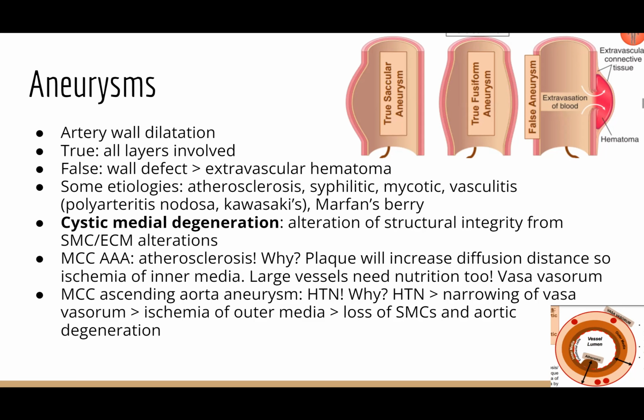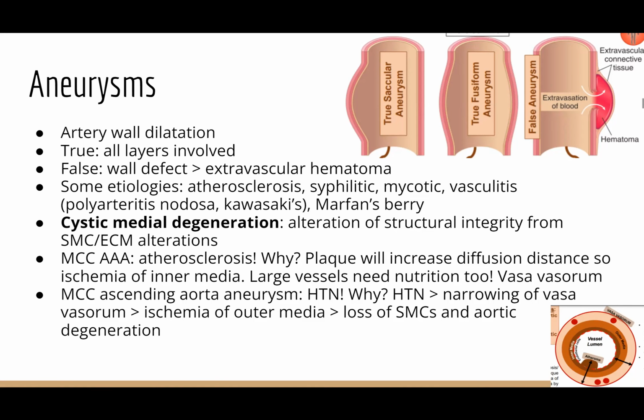Large vessels need nutrition too. So you have the vasa vasorum, which are little arteries that are running in the wall of the vessel, and they're providing nutrition for that area. So if you have an atherosclerotic plaque, you are increasing that diffusion distance. So if you increase that distance, then you're not going to get enough nutrition to that inner media.